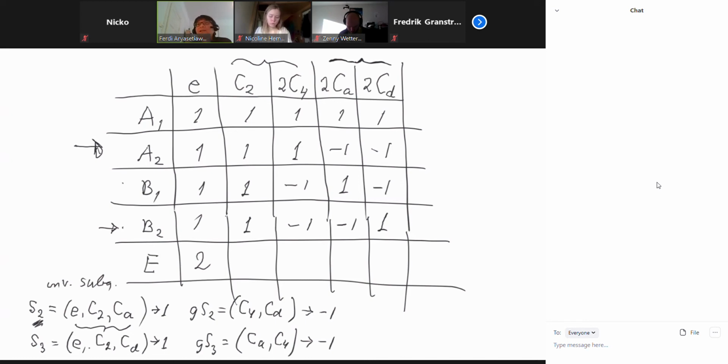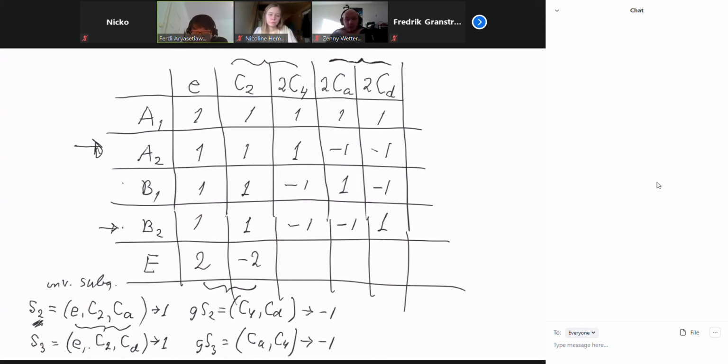The rest can be easily obtained using the orthogonality between the characters. So this must be equal to -2 here, because if I look at these two columns and form a dot product, we have 1 plus 1 plus 1 plus 1, which is 4. So that must be subtracted, here -4, 0. And the same here.